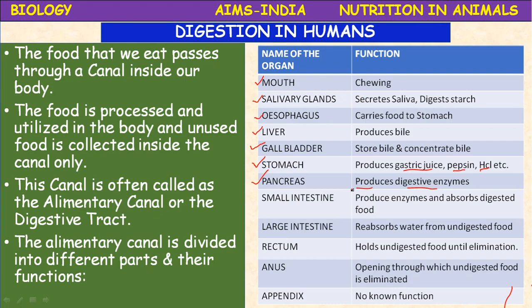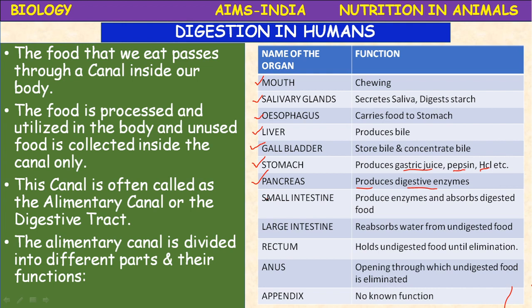Next, you know very well the digestive system contains several ducts. Ducts means tubes, small tubes, through which the secretions of the digestive glands are released into the target organs.